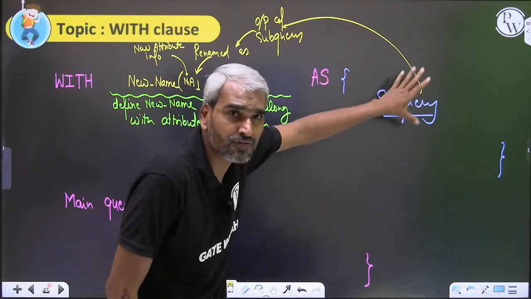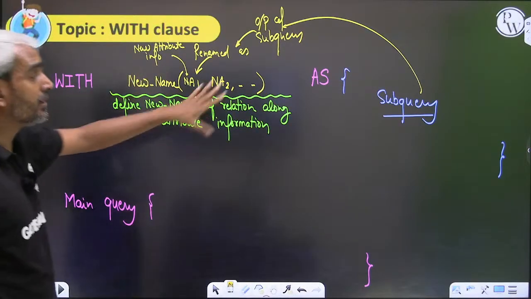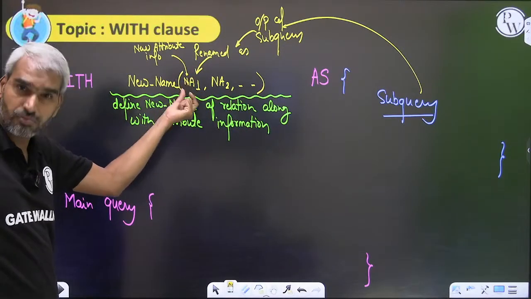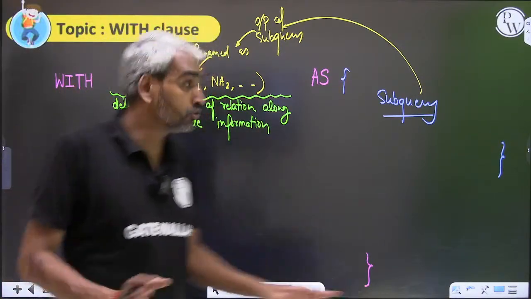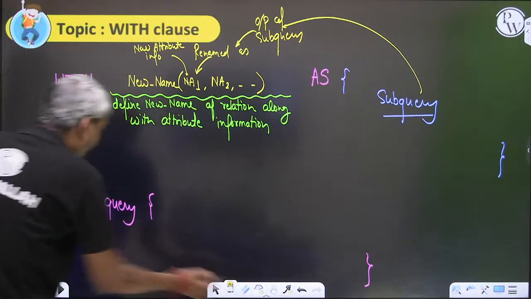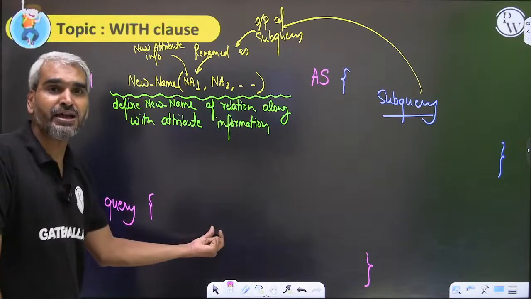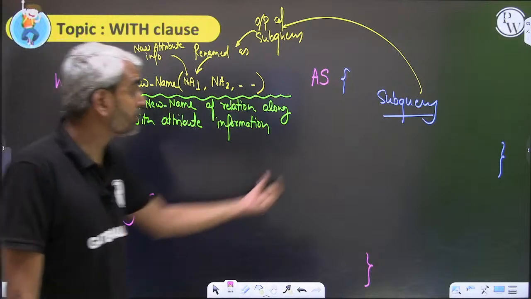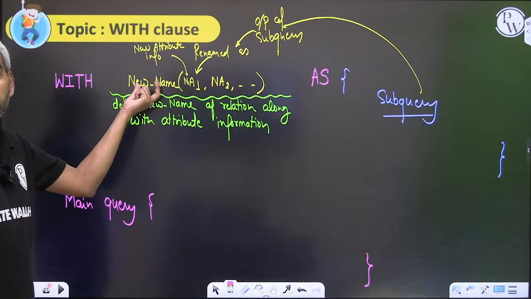The output of that subquery will be renamed by this new name. If that subquery has 3 different attributes, then you will specify the new name for the first attribute, the new name for the second attribute, and the new name for the third attribute. So first, this with clause subquery will be available, and after that you will have your main query. Within this main query, whenever you want the output of this subquery, you can call it by this new name.